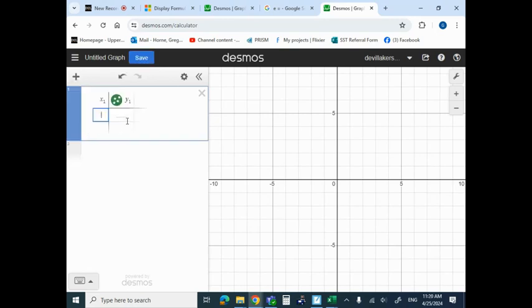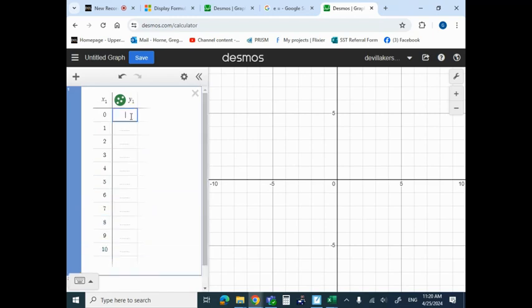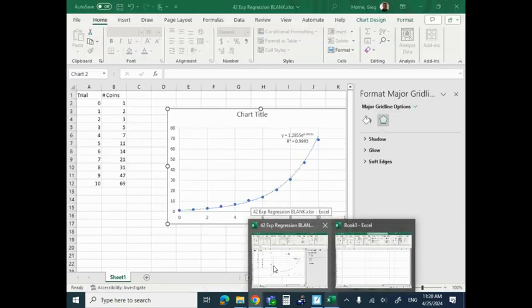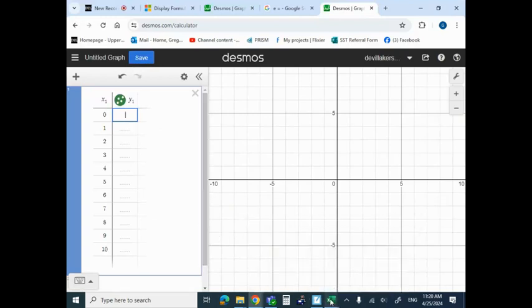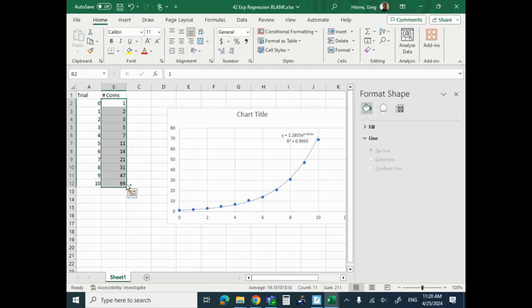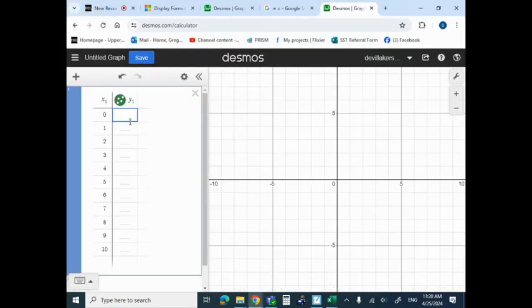So we're going to enter the starting value, and then after 1, 2, 3, 4, 5, 6 trials, let's just do, how many did I have before? And enter those numbers in. It would let me copy and paste. Let's see.